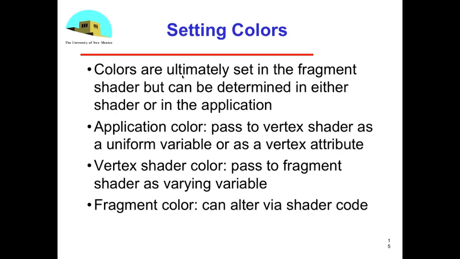So you have a tremendous amount of control over how you do the coloring eventually, because the fragment shader can combine textures and vertex colors, or even generate colors within the fragment shader in code to determine what eventually goes out to color that fragment.